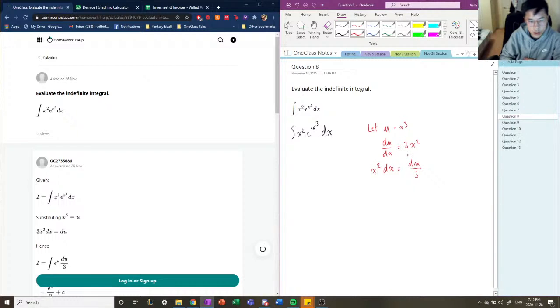Okay? So du over 3 equals x squared dx. Okay, so we're going to label this to be 1 and label this to be 2.